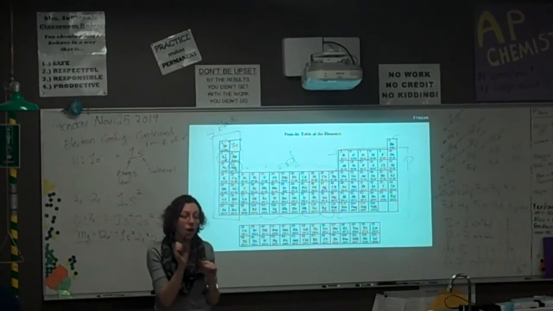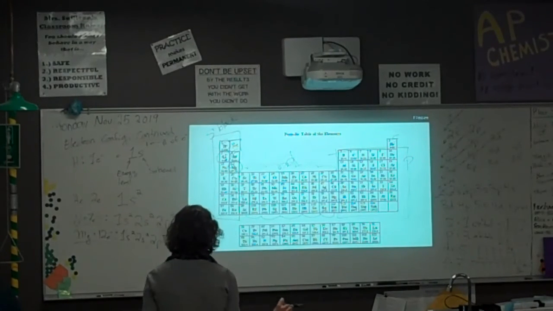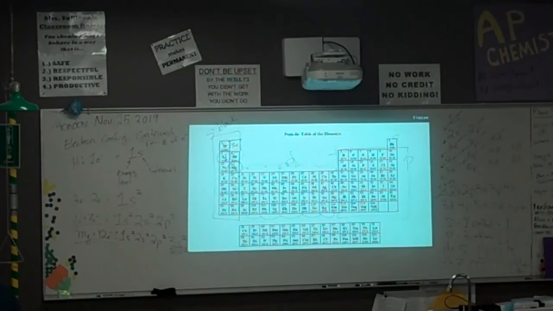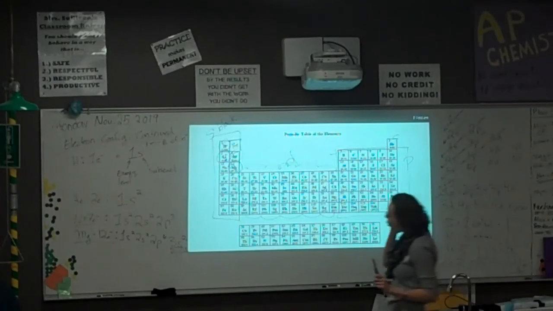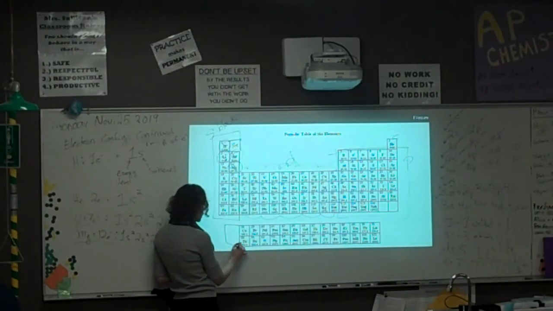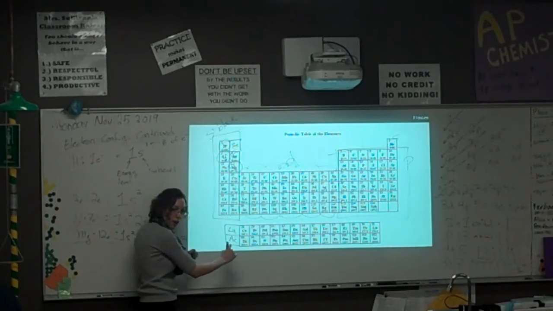Now, something to note, on your periodic table, which I'm kind of a periodic table snob, but I like this particular periodic table, it actually lists out LA and AC down here, right?